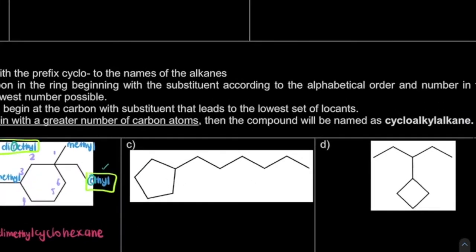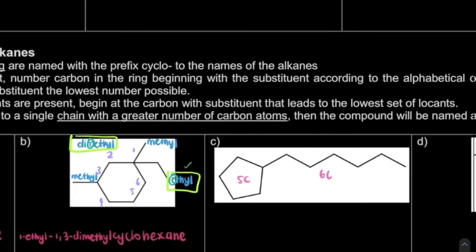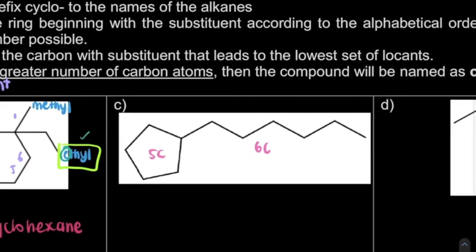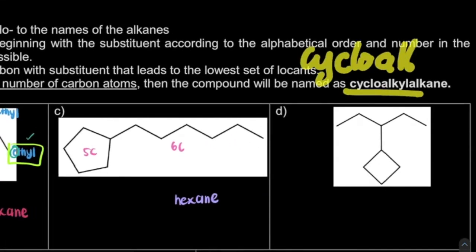Okay, so for question C, now let's look. Bila single ring is attached to single chain with carbon atom greater number, so yang ini sebenarnya case for question C. So kita tengok cyclic ada 5 carbon, straight chain ada 6 carbon. Okay, tapi kita tengok single chain greater number of carbon atom, so maknanya dia yang akan jadi parent. So dalam case ni, yang parent kita bukan cyclopentane, is actually our hexane sebab carbon dia lagi banyak. Okay, tapi nama dia akan jadi macam mana?